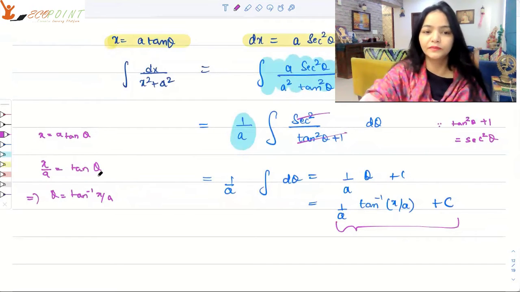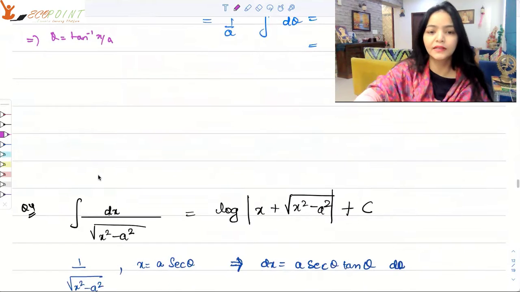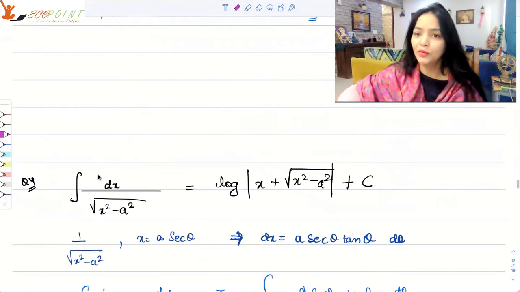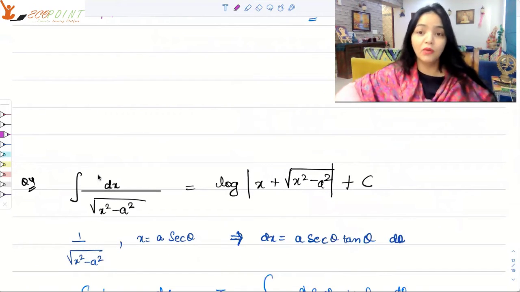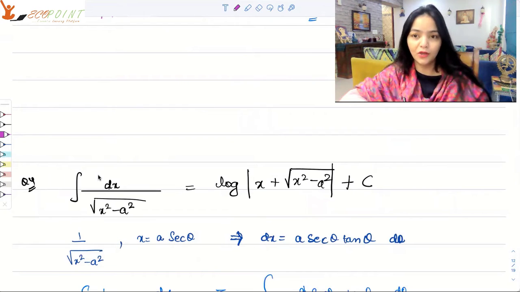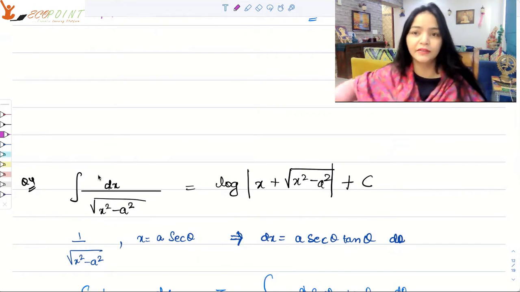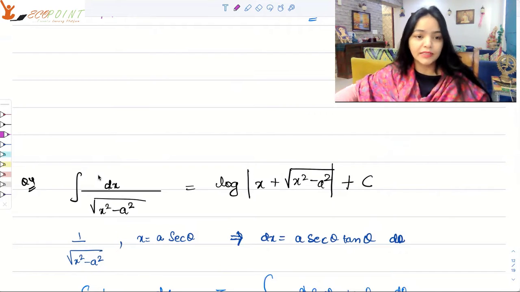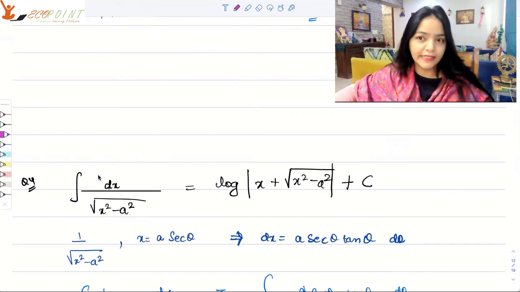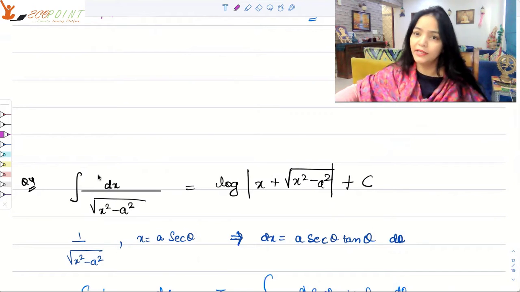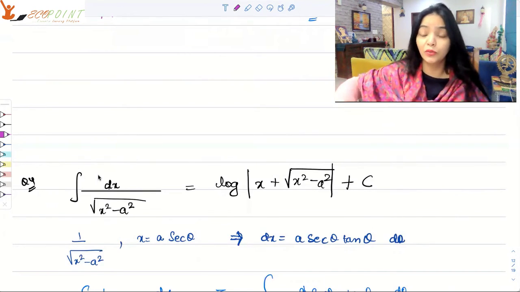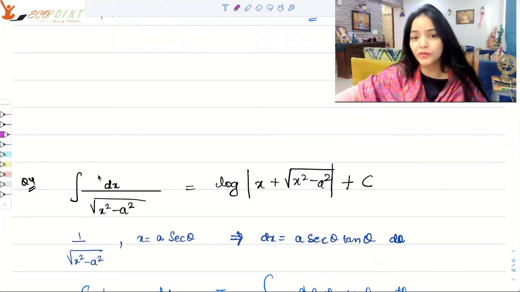Next question, next special case. This is again with log. We were working on the integral of 1 upon x square plus a square, and that turned out to be in terms of tan inverse. We've already seen the integral of 1 upon x square minus a square, which turns out to be something in terms of log.